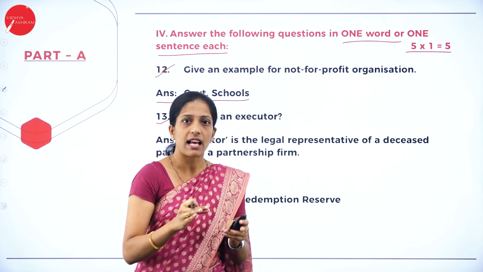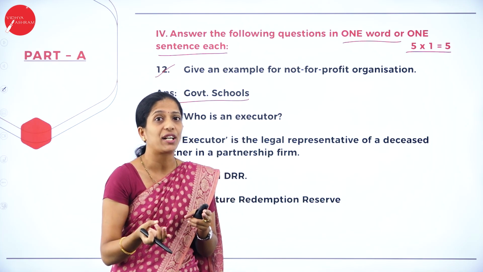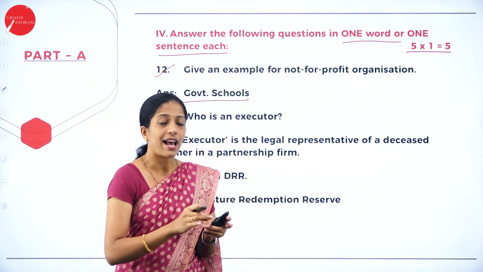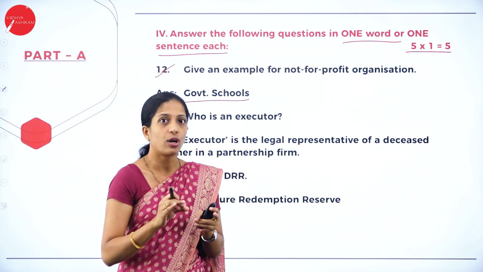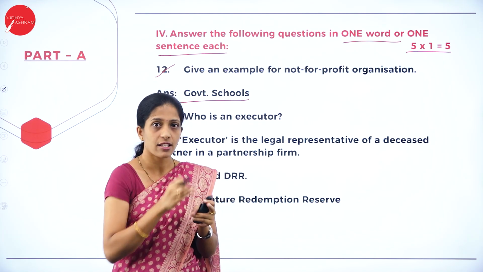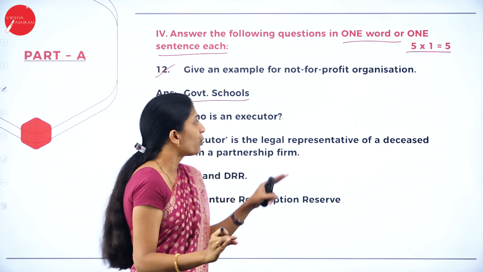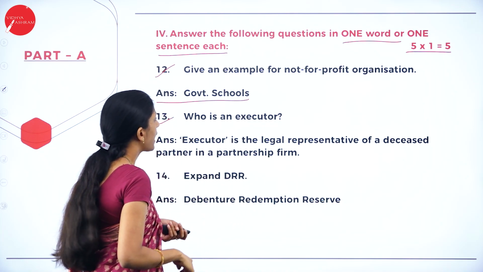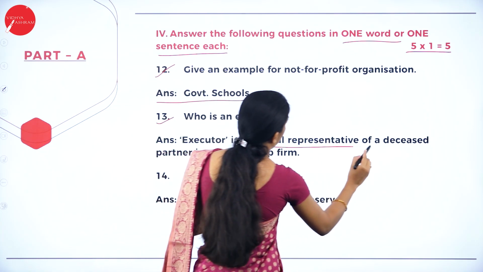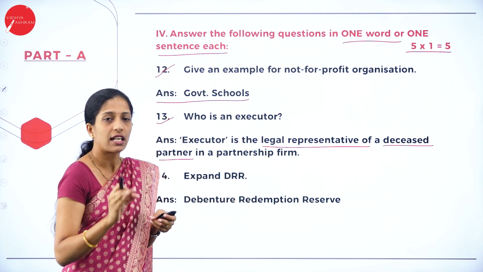So who is an executor? After a partner dies, whatever the profit or whatever the share of capital or share of goodwill that has to be given to the deceased partner who has died, his property or his share has to be transferred to his legal representative, who is called as what? Executor. Here deceased partner in the sense what?